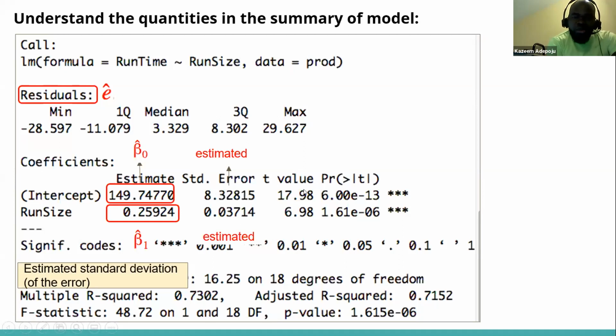If I want to get my t value mathematically, I do the estimate right here divided by this. Look at that: 149.74770 divided by 8.32815. That will give me the t value right here.